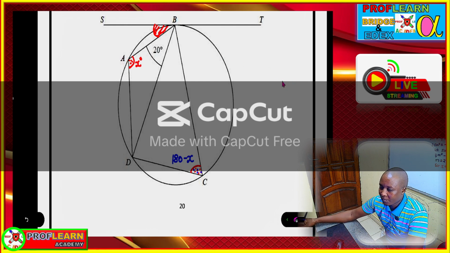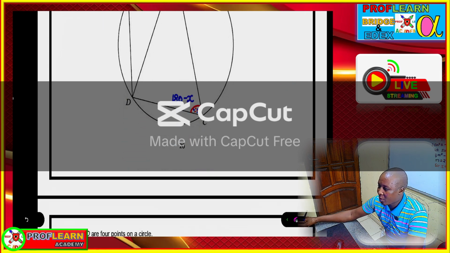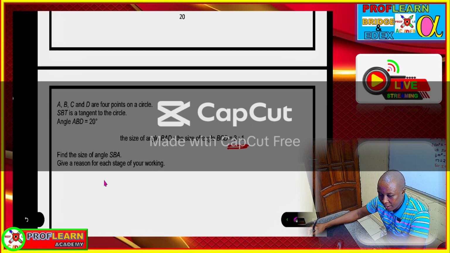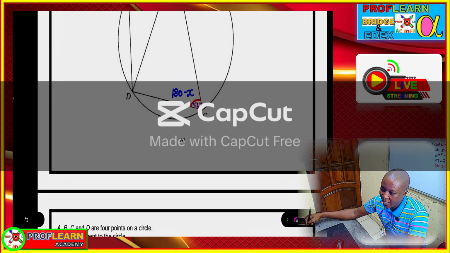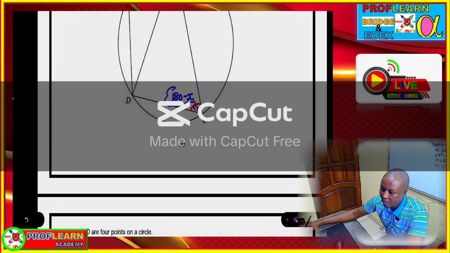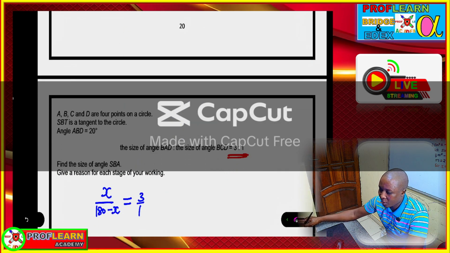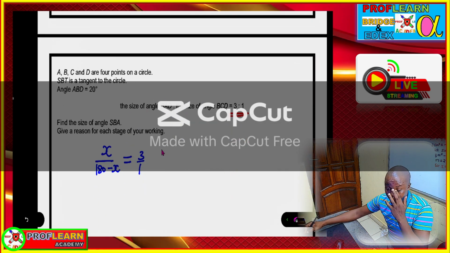We were told that angle A and angle C have a ratio. So we can say x over 180 minus x should give us 3 over 1. I'm using that because angle C is 180 minus x, and angle A is x, but we were told the relationship the two angles have in terms of their sizes.